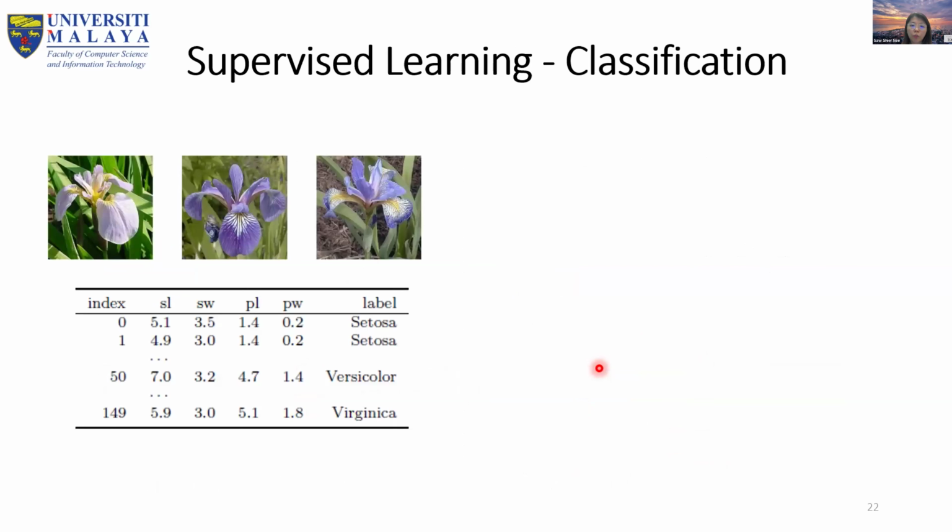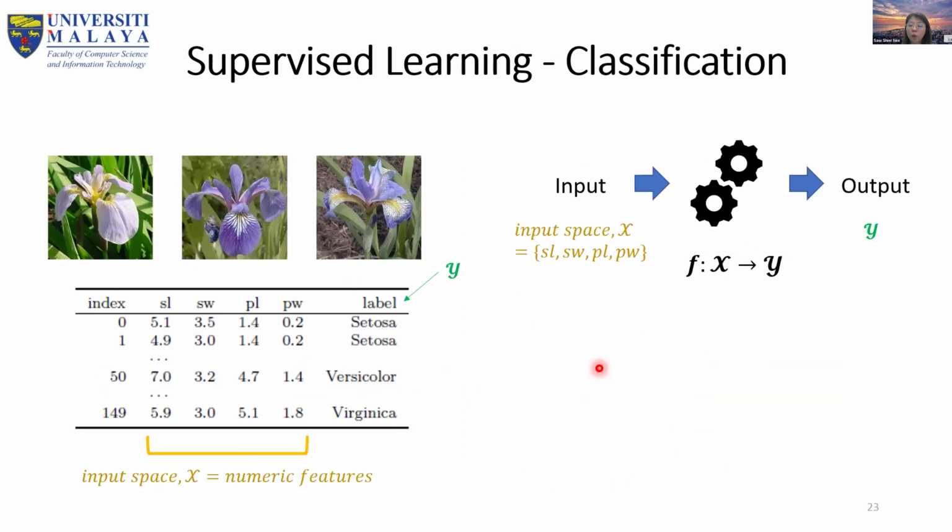So the whole idea of supervised learning is that we are just learning a function that maps between the input, the x, to a y, right? So we are learning a function that maps between x and y. In this example, we want to classify three different types of flowers using the characteristics of the flower: the sepal length, sepal width, petal length, and petal width.